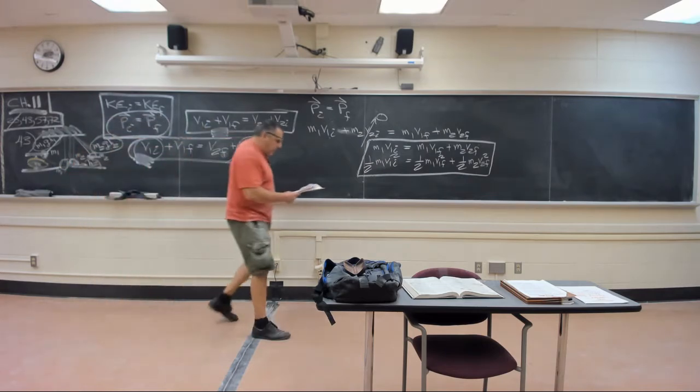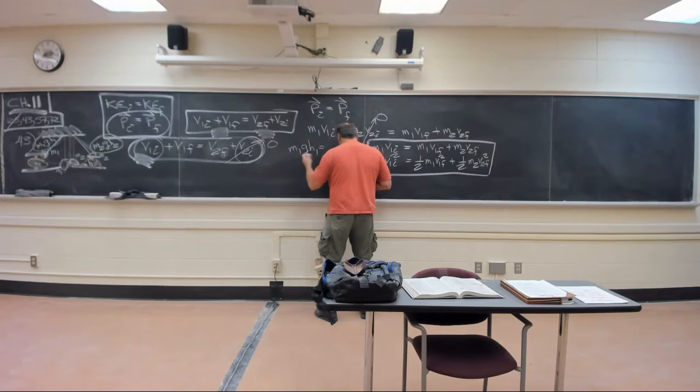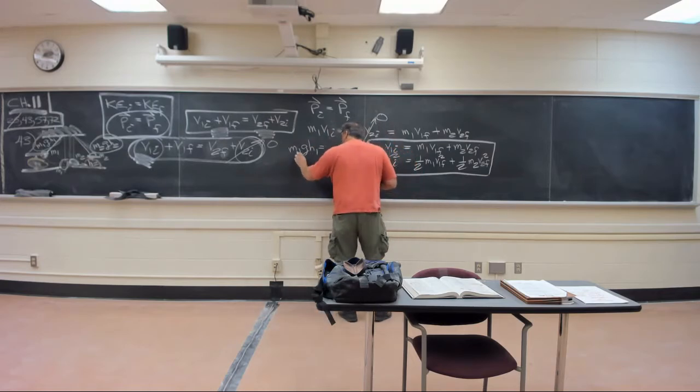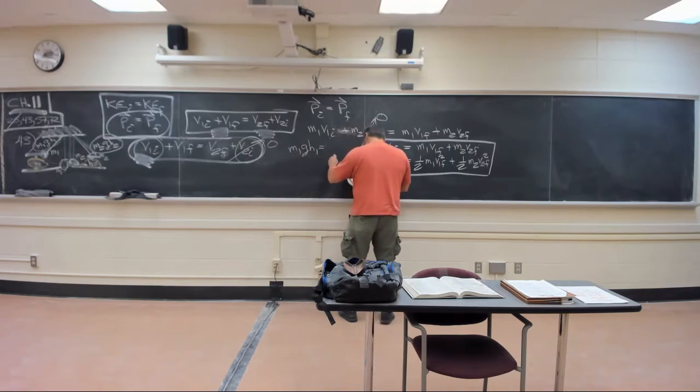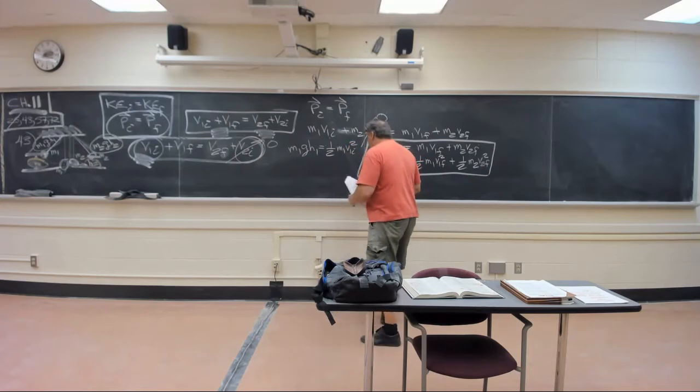So there's something we can say, guys. We can say that M1GH1, for whatever it might do for us, M1GH1 is 1/2 M1 V1I squared.